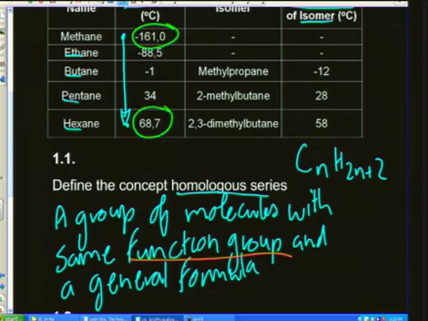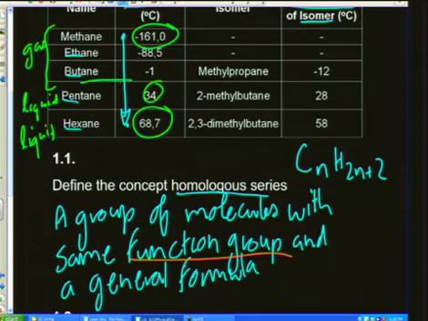Hexane 68,7 degrees Celsius. That means that hexane is a liquid at room temperature, whereas these are all gases at room temperature. At 25 degrees, these ones will not have boiled.